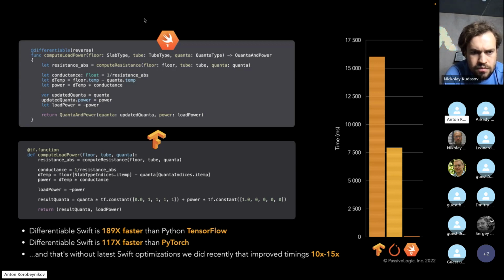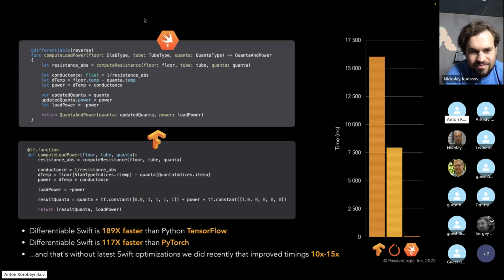They can do similar things in TensorFlow or PyTorch, but it turns out that for that particular task, things are quite slow. For the derivative computation, for example the code on the slide, differentiable Swift is several orders of magnitude faster than TensorFlow or PyTorch.